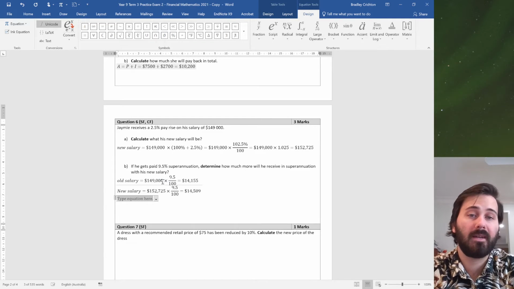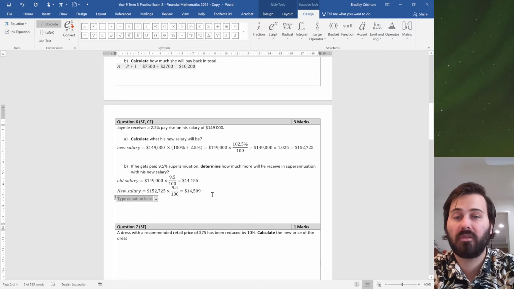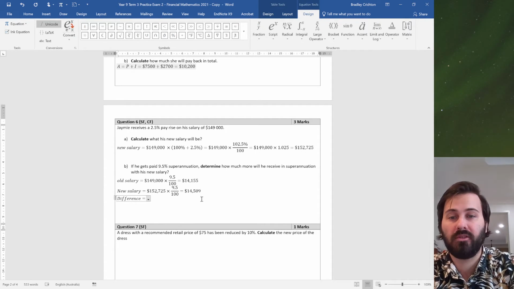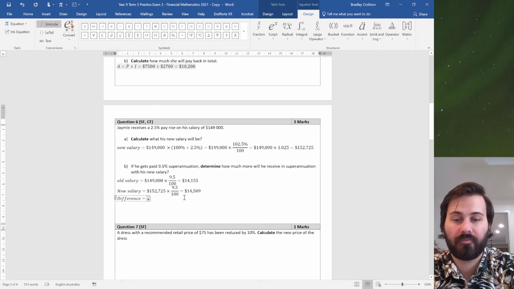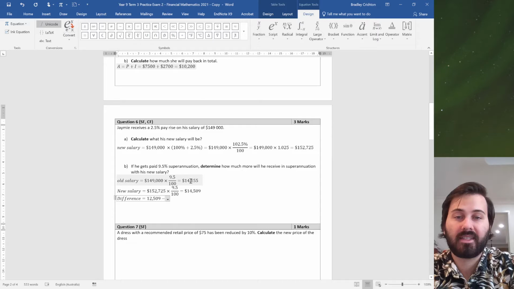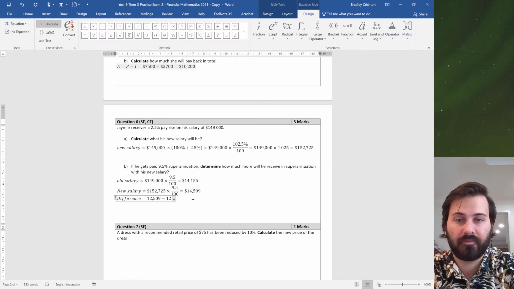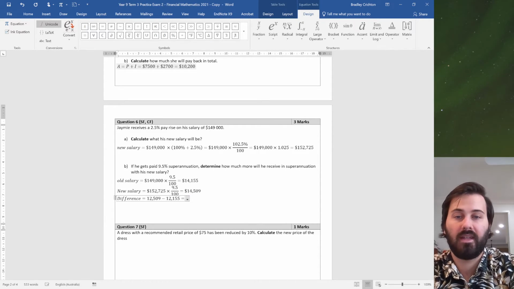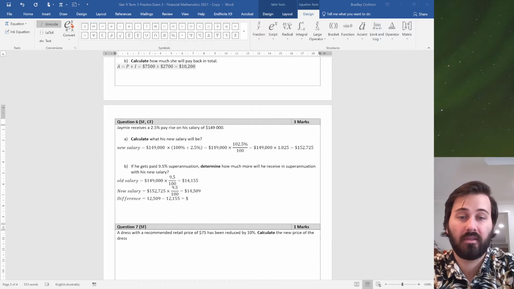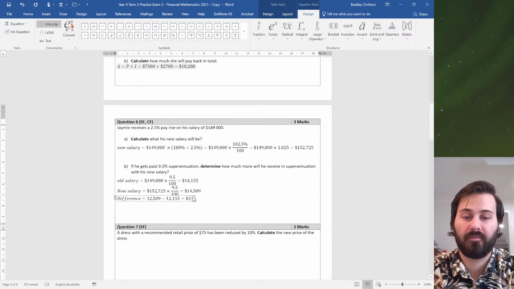Now, one more step, we're looking at how much more will he receive. So the difference is equal to his new salary minus his old salary, and that difference is $354.